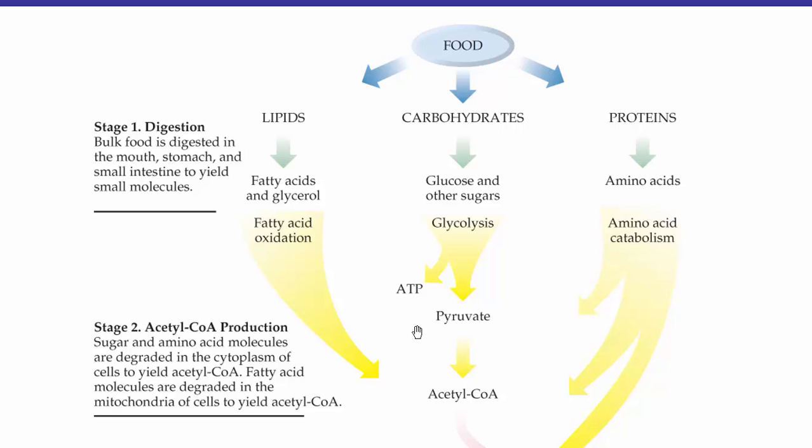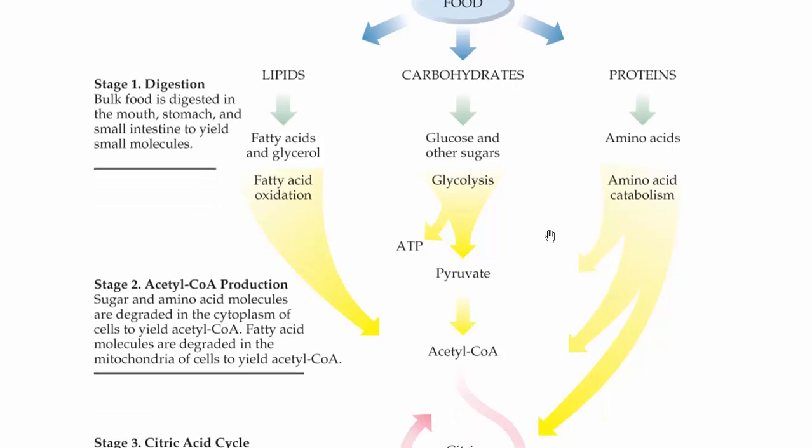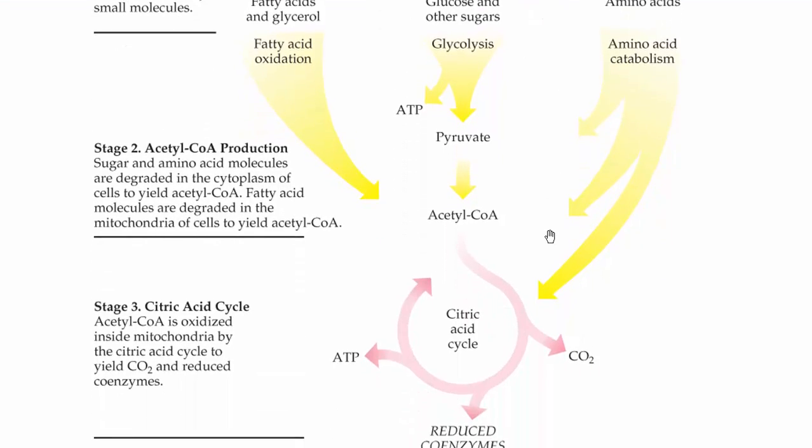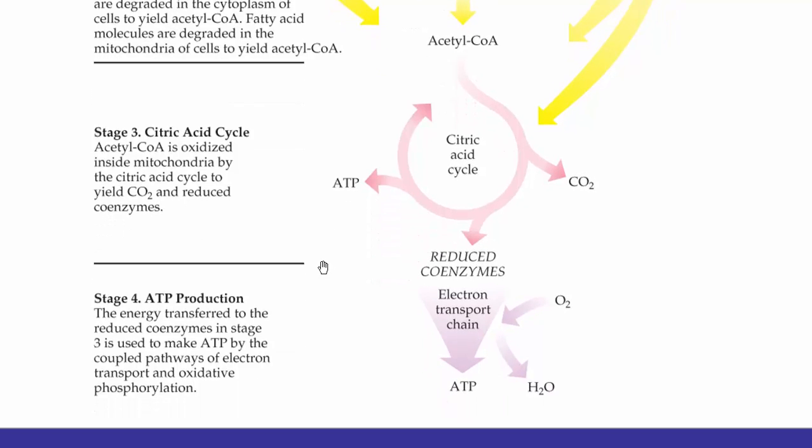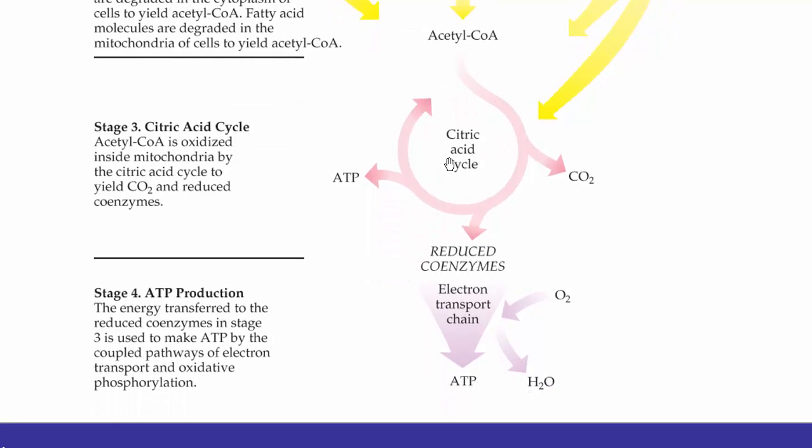So we have these stages: digestion, where larger molecules are broken down to smaller ones. Then acetyl-CoA production: sugar and amino acid molecules are degraded in the cytoplasm of cells to yield acetyl-CoA. Fatty acid molecules are degraded in the mitochondria of cells to yield acetyl-CoA. Then stage 3, the citric acid cycle.